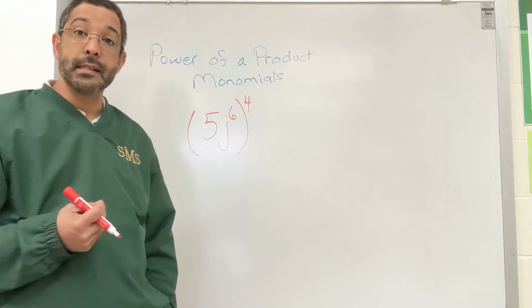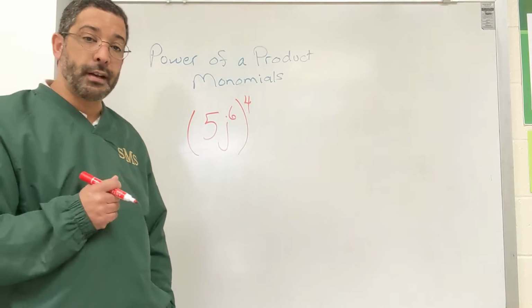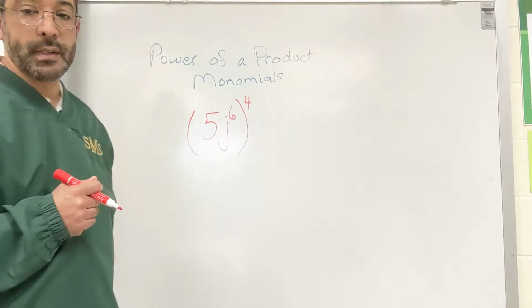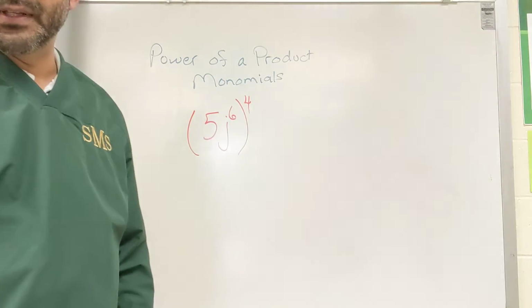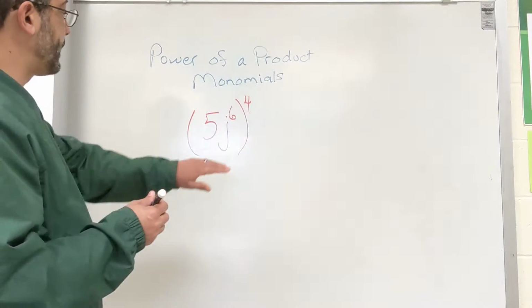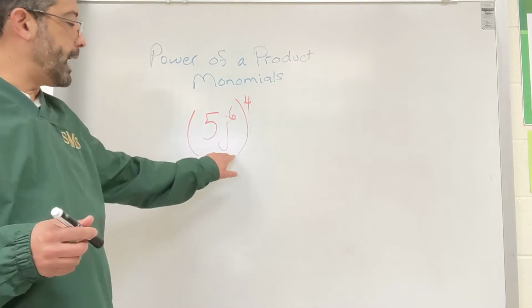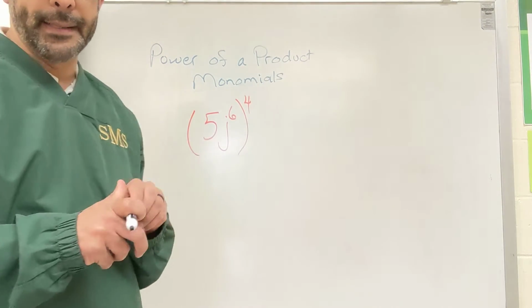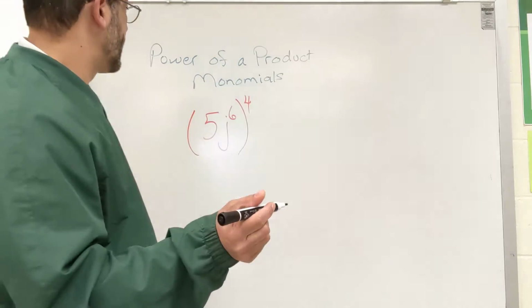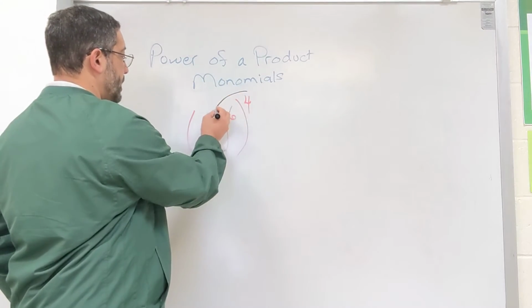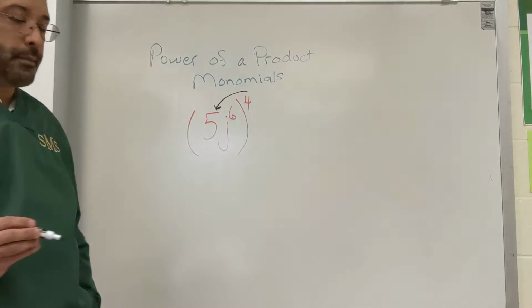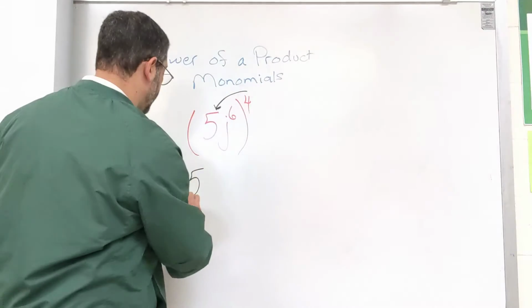When we have like bases that are being divided, we subtracted our exponents. So what we're going to do with something like this is we're simply going to distribute this exponent to everything on the inside of the parentheses. So when I distribute, that becomes 5 to the 4th.